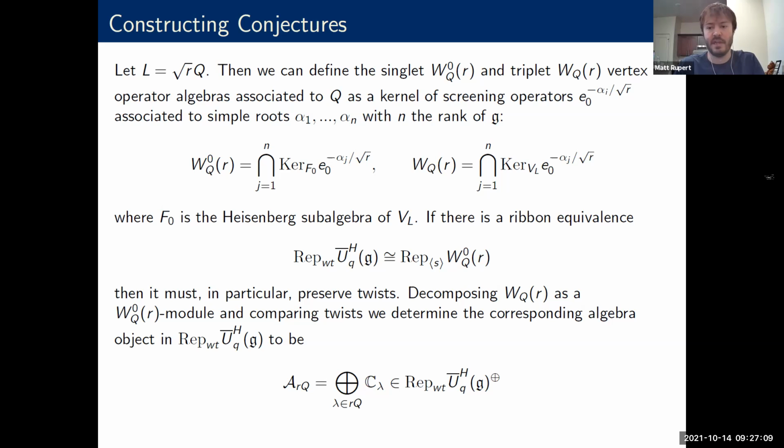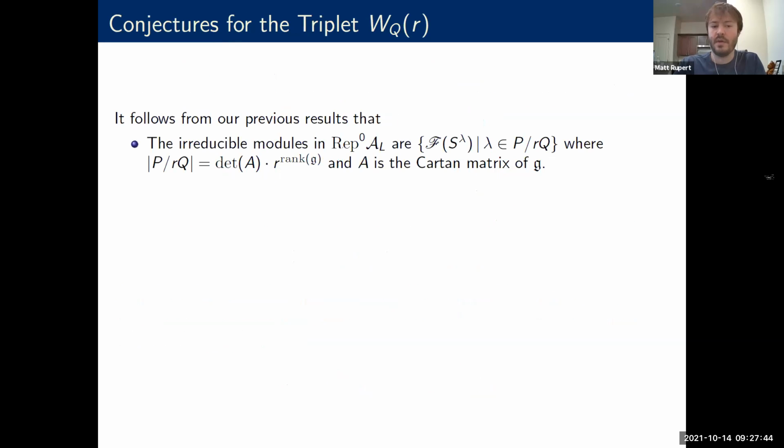This would be the twist you would get coming from a vertex tensor category structure, which we would expect to exist. And if you do this, you find that the associated algebra object should be the algebra object associated to the lattice sqrt(r) Q. And this is when Q is, again, associated to SL2. This is now the algebra object which realizes the equivalence which is known to hold for the SL2 triplet.